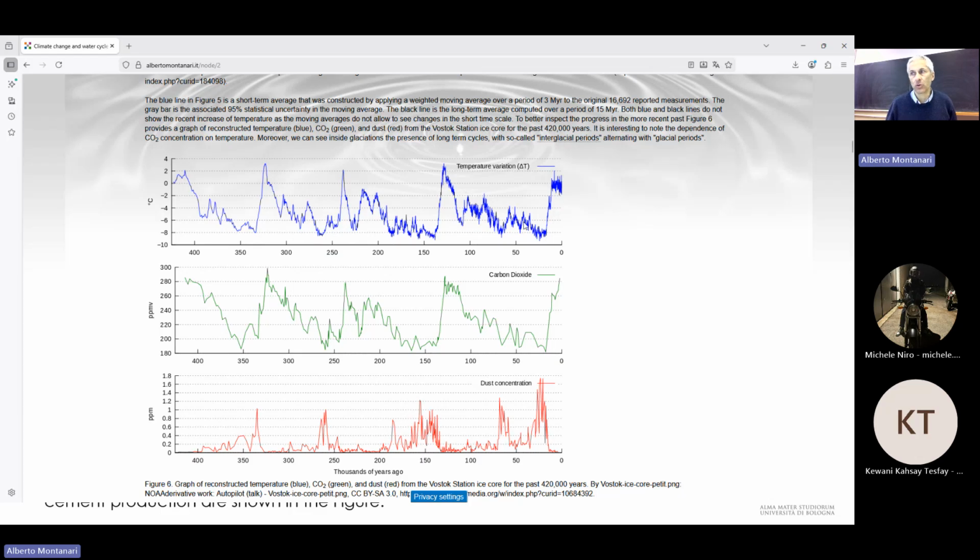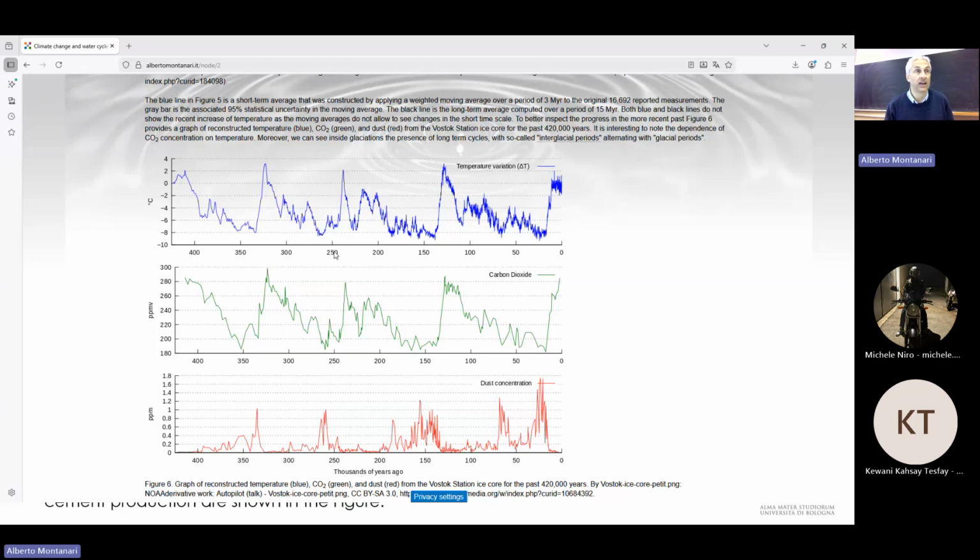Second thing, during a period with no suspect in terms of human activity, you see that the CO2 concentration is in line, it's synchronized with temperature variations because, as I said, the ocean releases a lot of CO2 during warm periods, and therefore it's not a surprise.